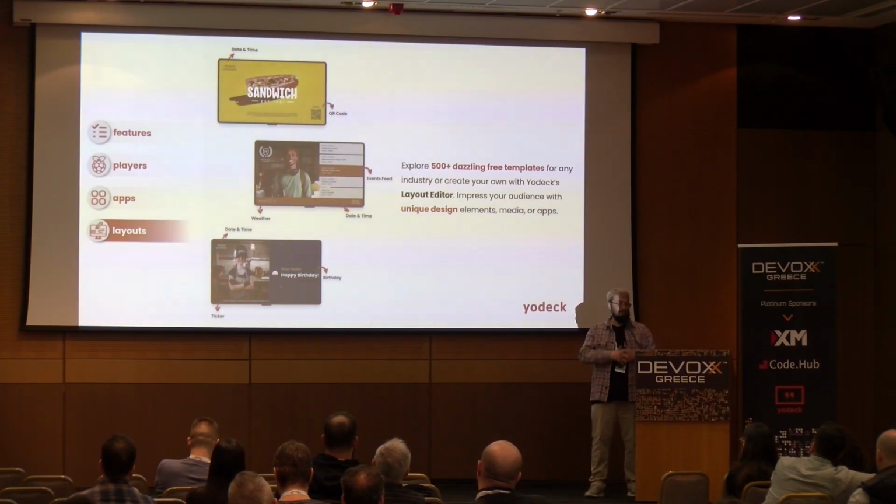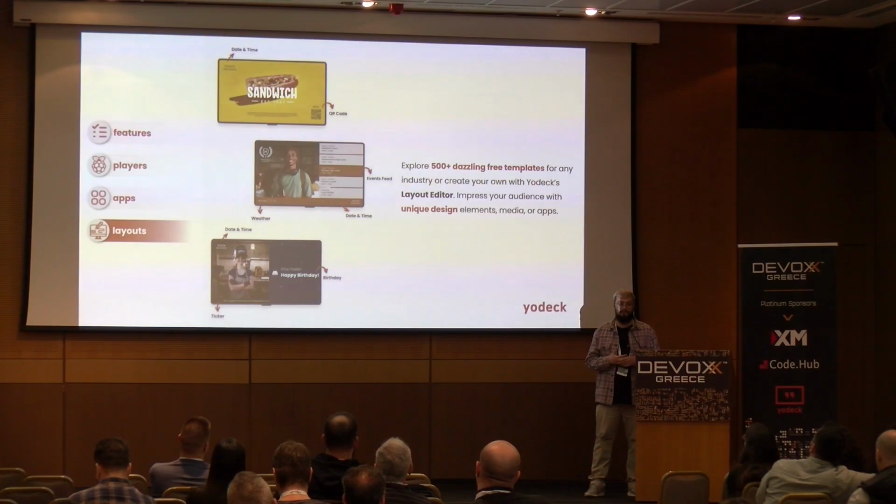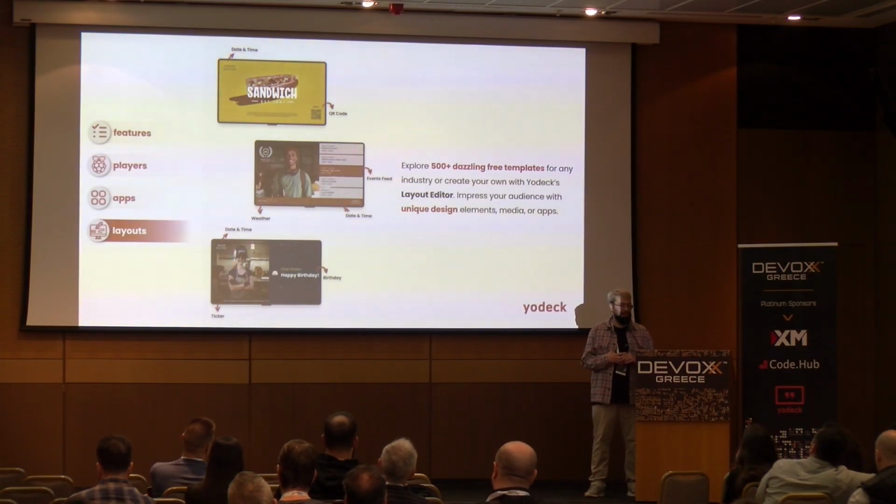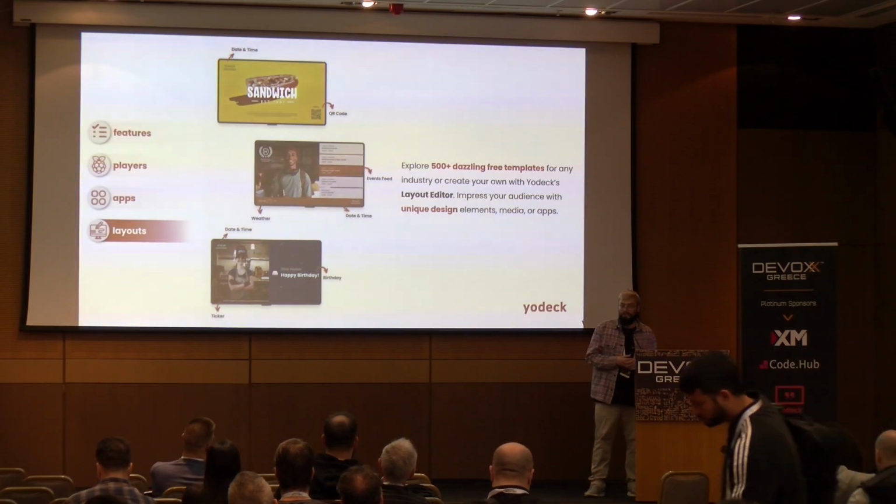And now, as I said earlier about the zoom out and zoom in thing, the difficult things that we have to work around in the digital signage world are coming from the layouts that Yodeck provides and, as you will see later, the screen sizes in general.